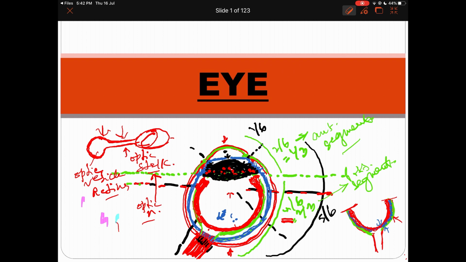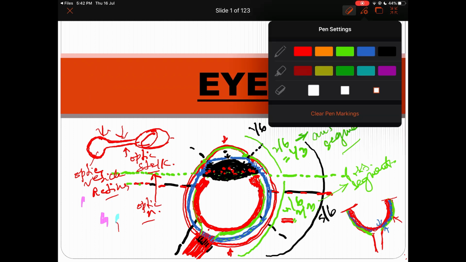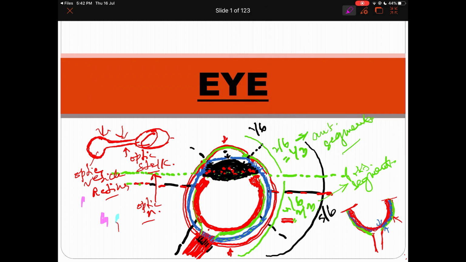And after deflation, when it becomes a double C, a big space is created anterior to the retina, and that big space will be filled by another transparent gel-like substance, called the vitreous.